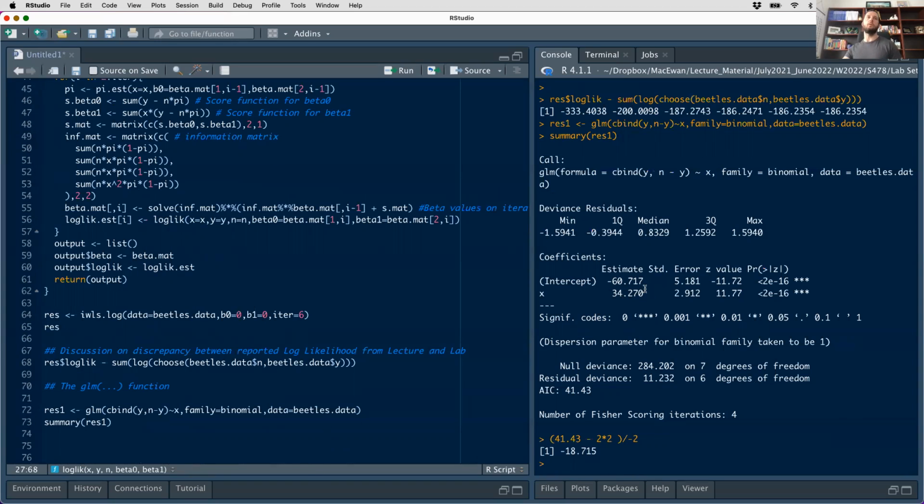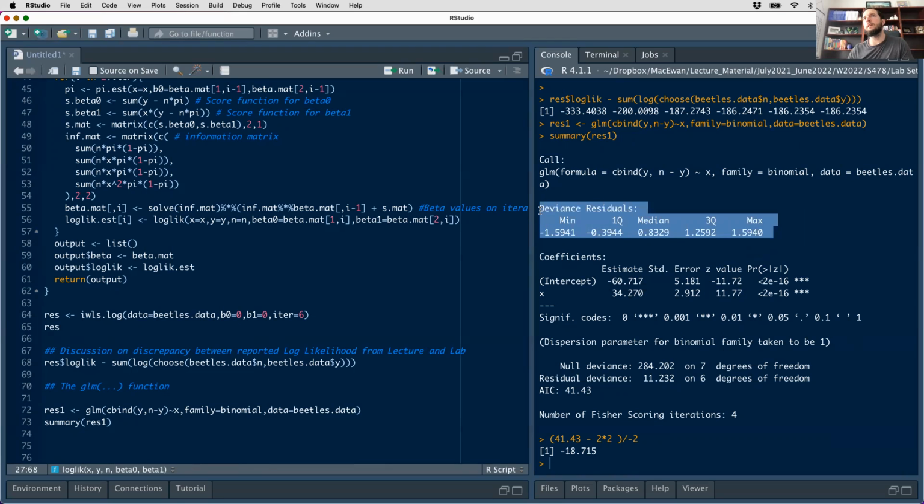All right, so what we'll do now is talk about some of the output that's given from the GLM function. The first thing is simply the formula that you used. Again, we didn't specify a link here, which means that it's a logistic regression model by default.